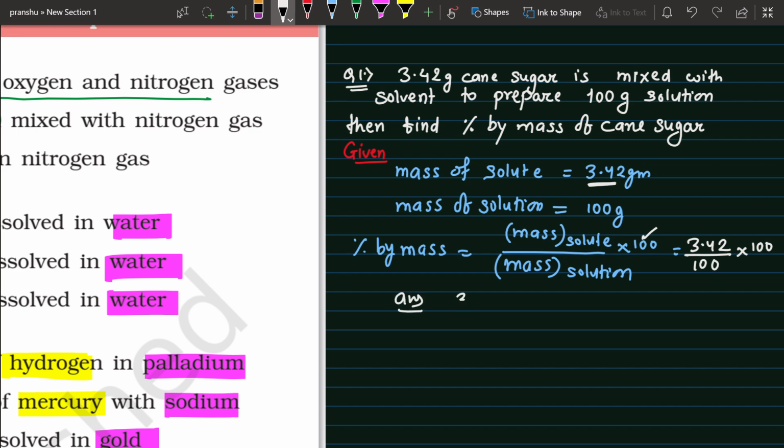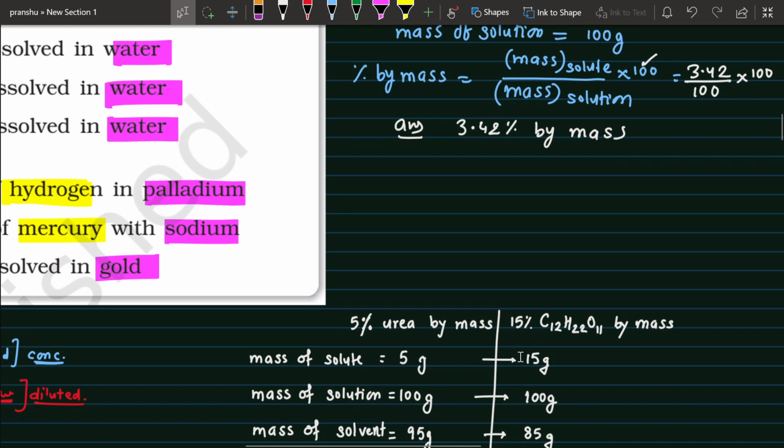So the answer becomes 3.42% by mass. So by this way we can solve the questions.